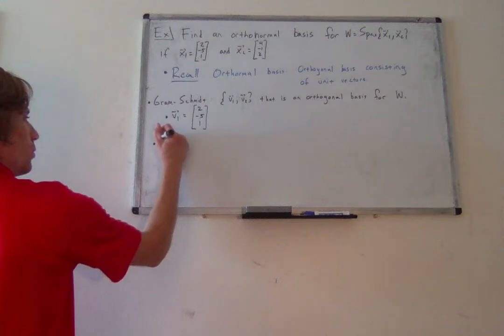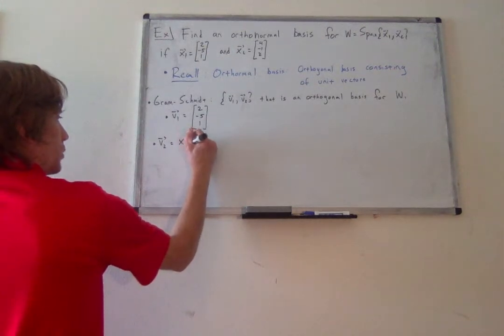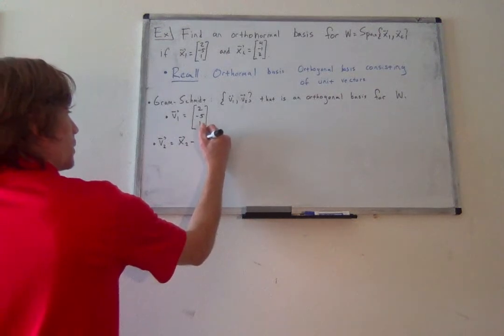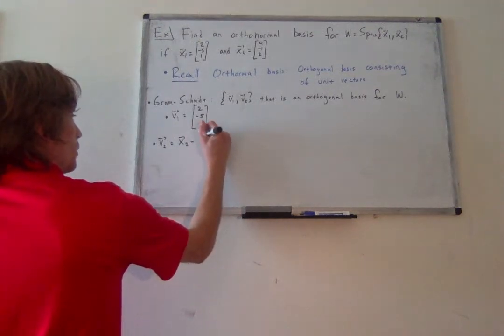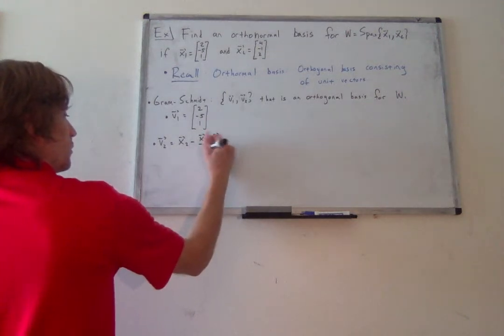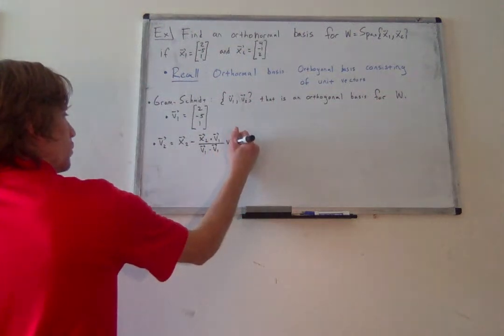And v2 is equal to x2 minus the projection of x2 onto v1, which you might otherwise know as x2 dot v1 divided by v1 dot v1, times v1.